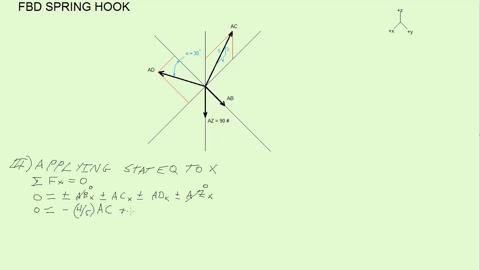AD's x component is a positive sine 30, or I'm sorry, sine alpha times AD. So solving this for AD would give 4/5 times AC over sine alpha.